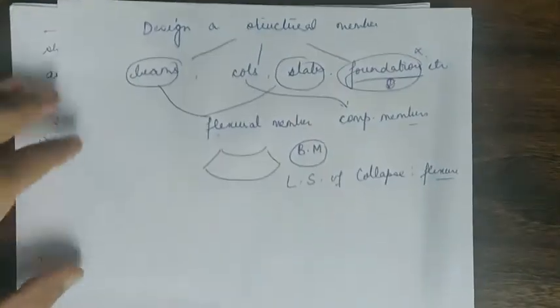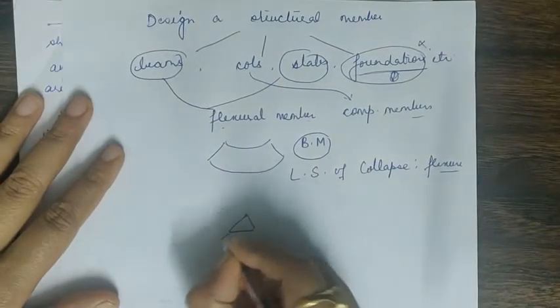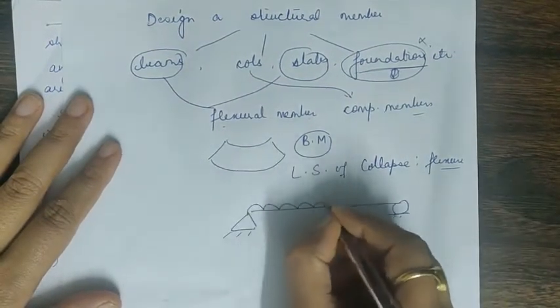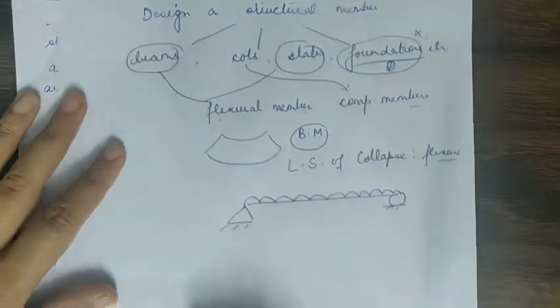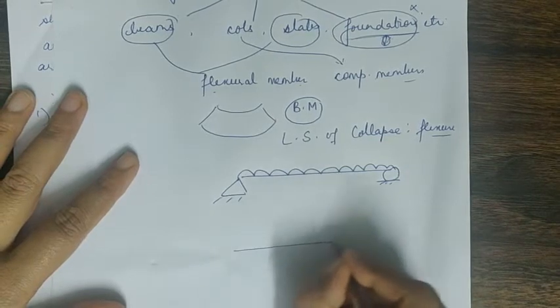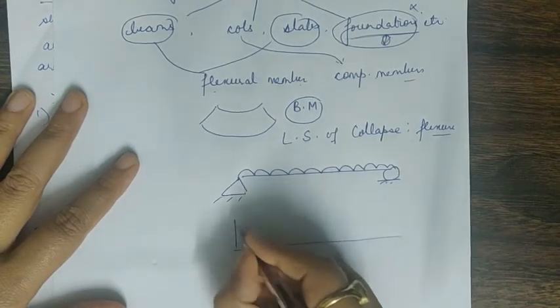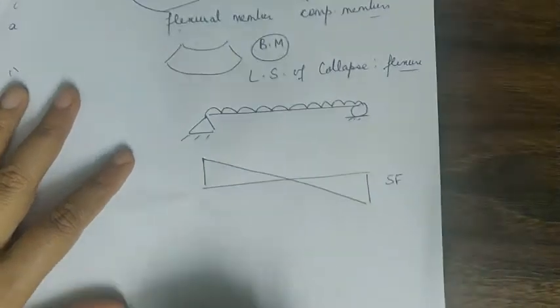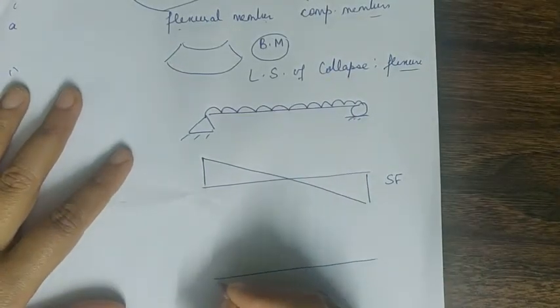If we are talking about a beam that is subjected to certain loading, I know that on this beam, due to the load, there are two kinds of internal forces coming into play. One force is a shear force, another force is bending moment.